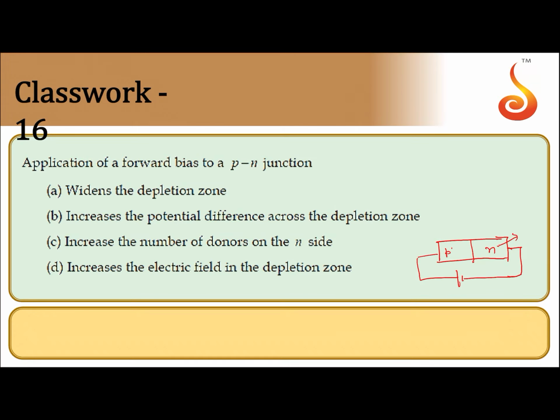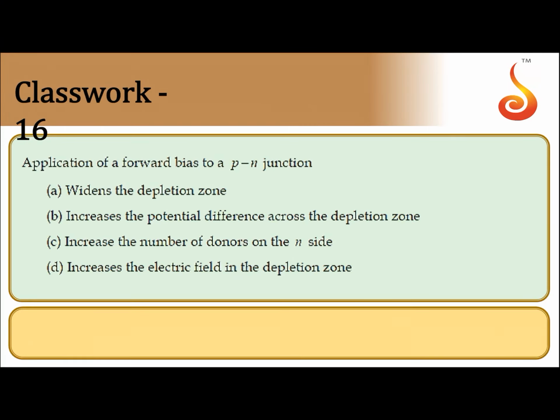So number of electrons in N side will increase. So electrons means they are donors. So it should be option C. There will be increase in the number of donors on the N side. That is option C.